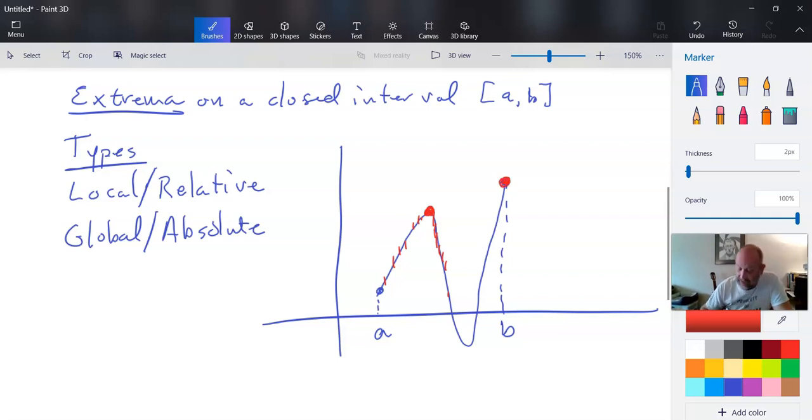This one's bigger than everything, so it's global. So this one is a local max. This is an absolute max or global max. Over here, I have a minimum here and a minimum here. This one would be absolute or global. This one would be local or relative.